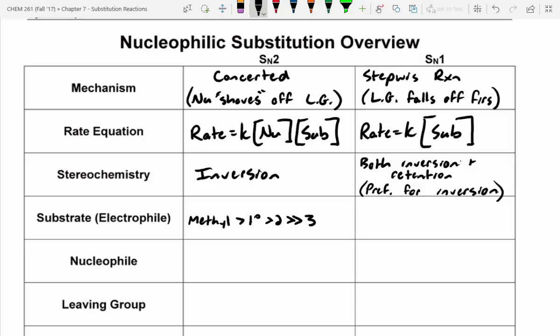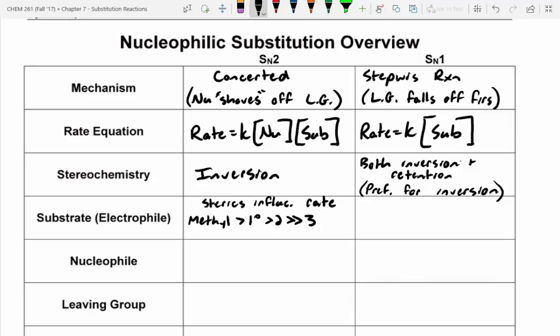So another way of saying this is sterics influences rate. So you want the least steric blocking groups attached. That way your nucleophile can get in and do its business.